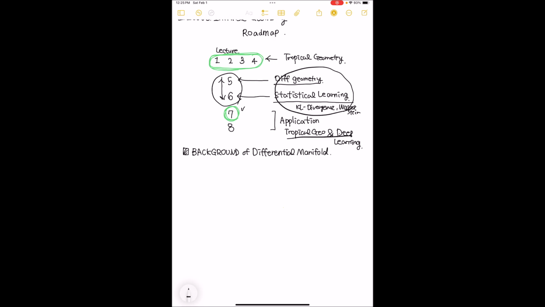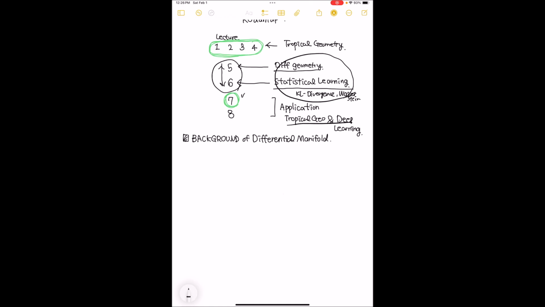If you want to learn in detail, or if you do not understand this topic, see another lecture that deals with differential geometry. This is a very, very rough summarization of differential geometry. Okay, so let's start the lecture.